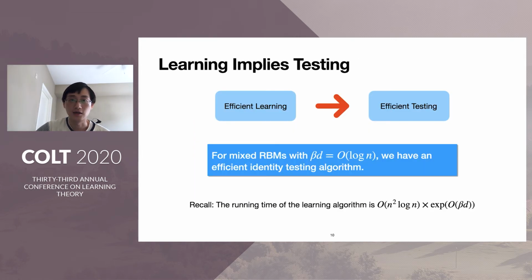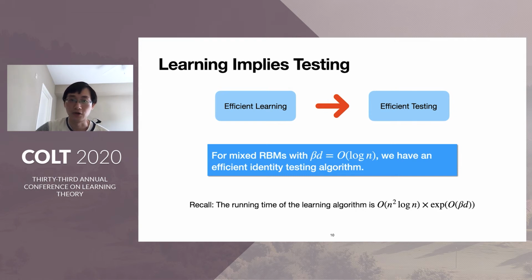And there's a very simple implication from learning to testing. So basically, if you have a polynomial time learning algorithm, then for the testing problem, you can just take the sample from a hidden model and try to learn it. And then you just compare the learned model with the visible model so that you can do testing.